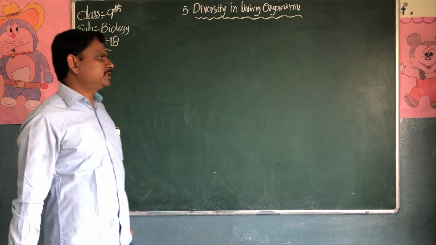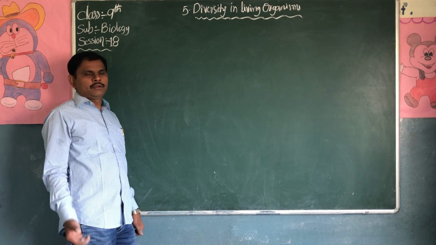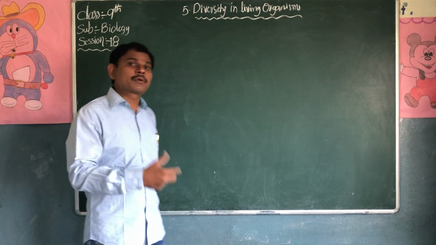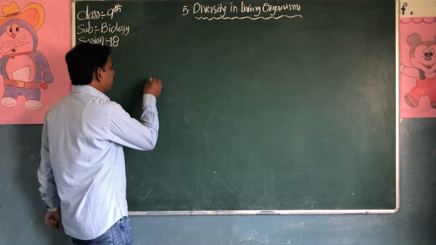We can see variations in animals also. Why should we go for animals? We can see variations in students of the same class. For example, take 9th class.